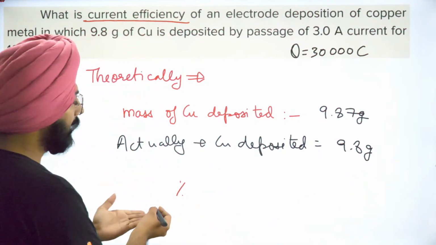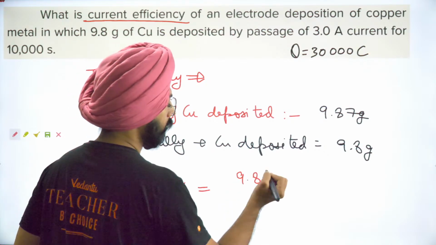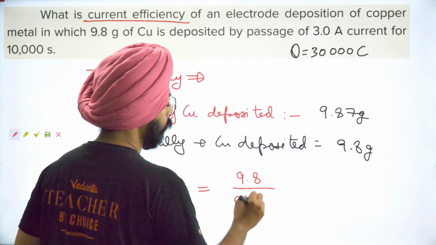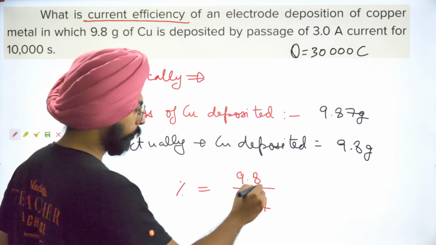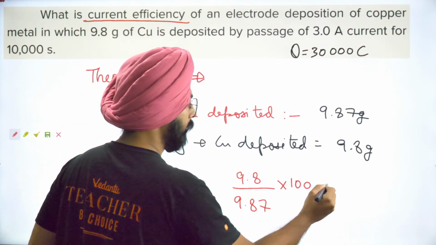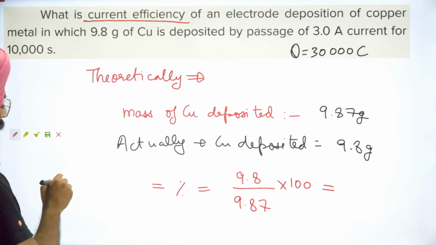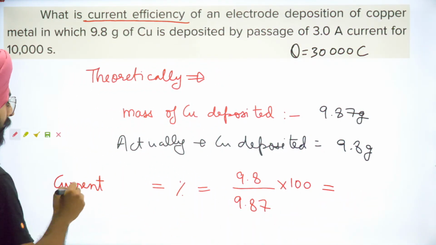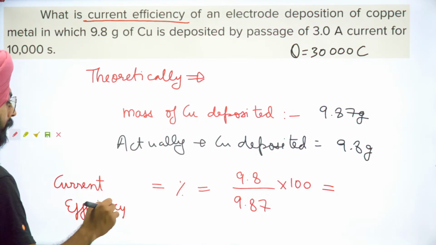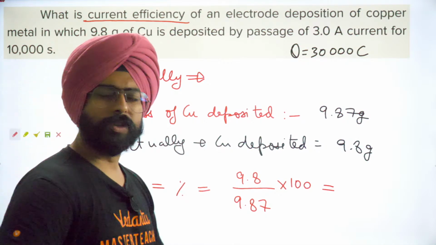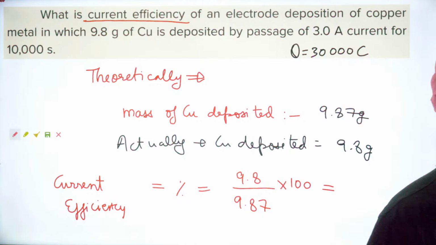So the percentage will come out to be 9.8 divided by 9.87. You expected 9.87, but you got only 9.8. This particular value that you will get is called the current efficiency. As simple as that. Current efficiency is basically what is the percentage of the product that you actually got.